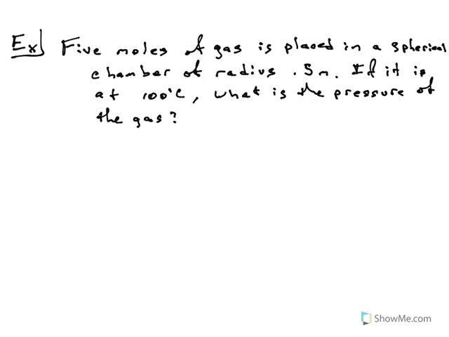Okay. Well, I know the equation I'd like to use. Let's go ahead and see what we know. What are we given? Number one, we're given the number of moles, n, equals 5. We're given a radius of 0.5. We're given a temperature of 100 Celsius. And we want to know the pressure.